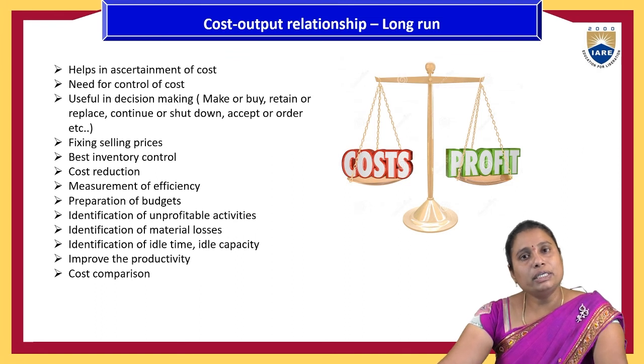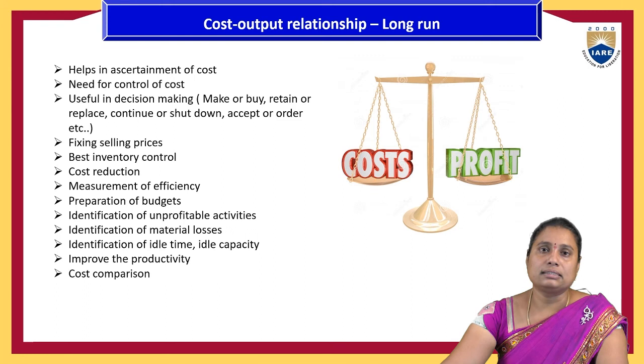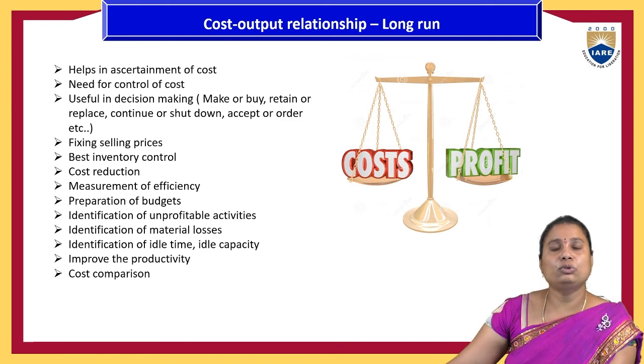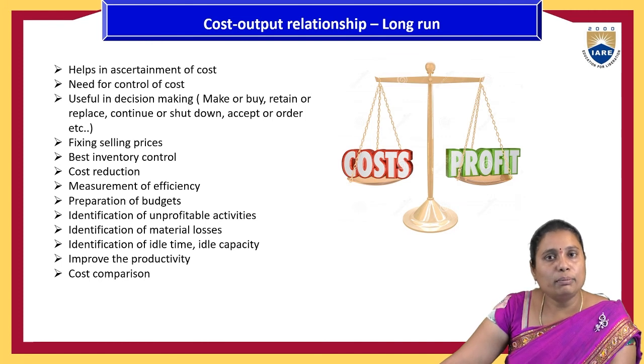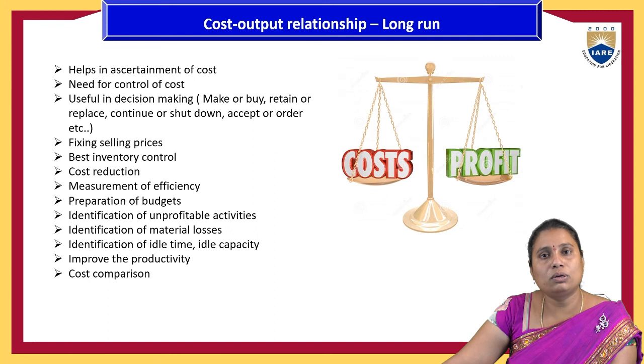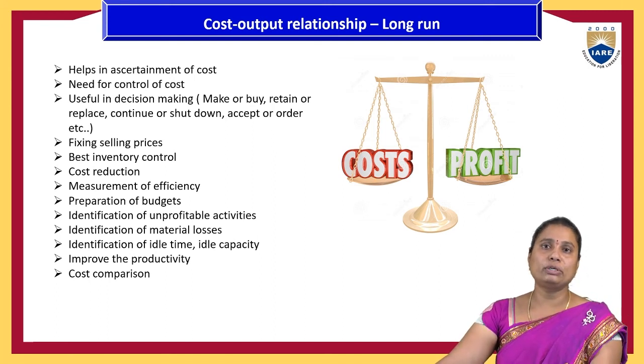And better inventory control is also possible with the cost output analysis. If the analysis shows more variation, they can easily stop purchasing products which are a burden on production. And if they want to reduce any cost, they can easily identify what is controllable and uncontrollable, avoidable and non-avoidable cost with the help of this cost output relation.